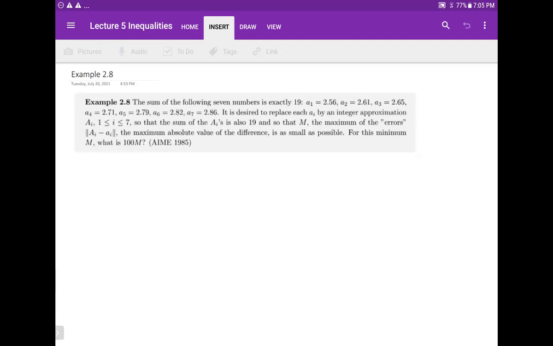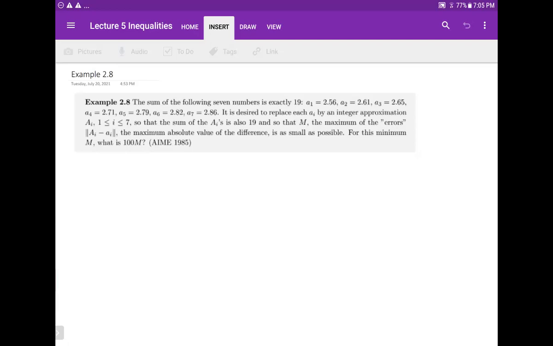So for this problem, we notice that each a sub i is between 2 and 3, right? And then we notice that if any of the approximations, so capital A sub i, is less than 2 or more than 3, then the error associated with that term will be larger than 1. So the largest error will also be larger than 1, right? Because we just want to minimize the maximum error. So ideally, we definitely want them to be either 2s or 3s, right?